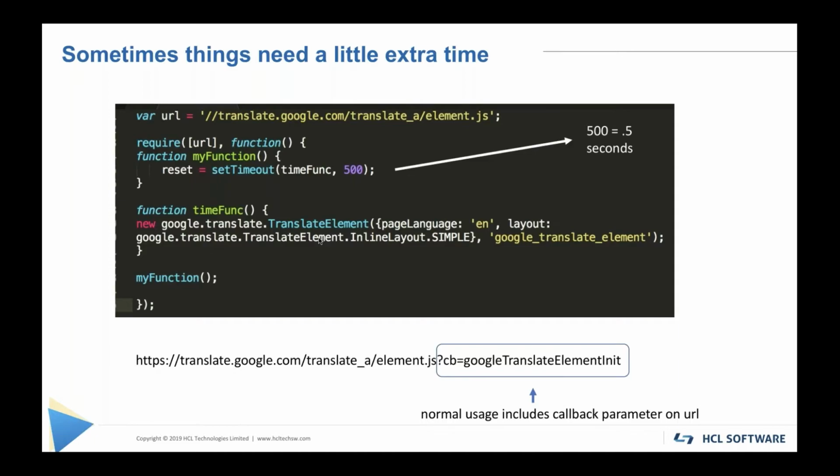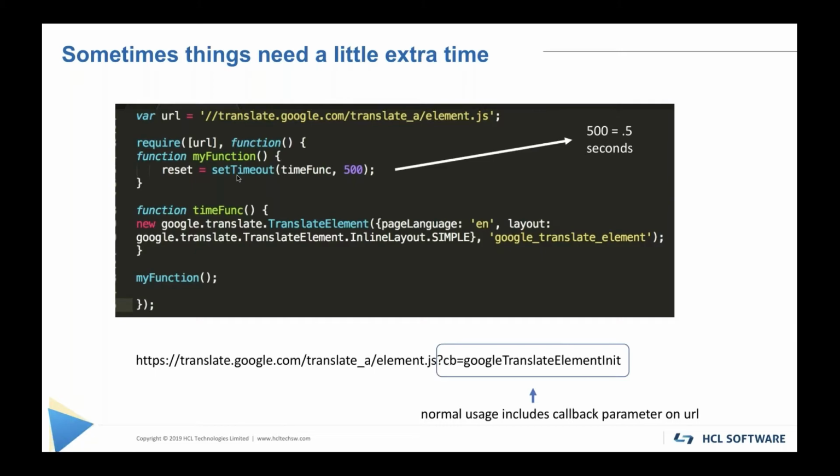And if you were to look at just an HTML file with this in the head section, they would have the URL with the callback, and then some JavaScript to execute that callback. What I did was I took just the JS, I'm requiring that, and then I nested the Google code in a time function.